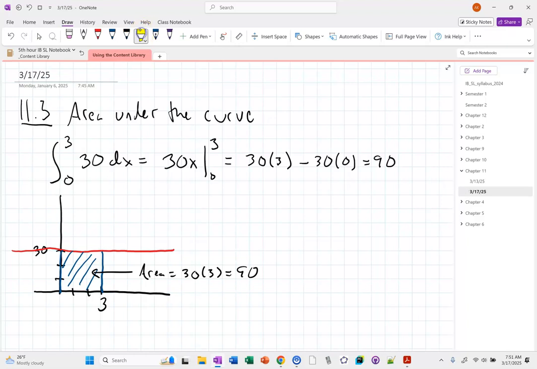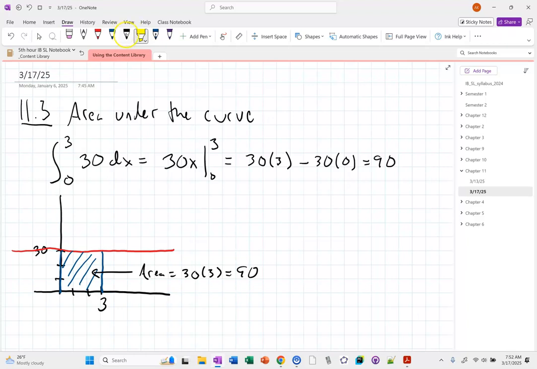So it turns out that the geometric interpretation of an integral is the area under the curve. So the derivative is the slope of the tangent line, and the integral is the area under the curve. Everybody's okay with that?